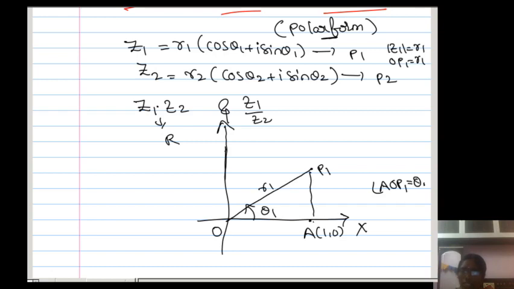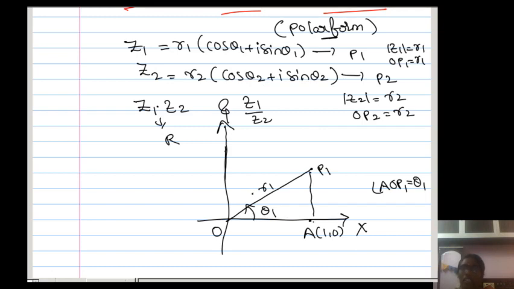Theta1. Next, I want to take another point P2 representing the second complex number. So mod z2 is equal to what? r2. It means the OP2 distance is how much? r2. And what is theta? Theta2, the angle made with the positive x-axis in the anti-clockwise direction.